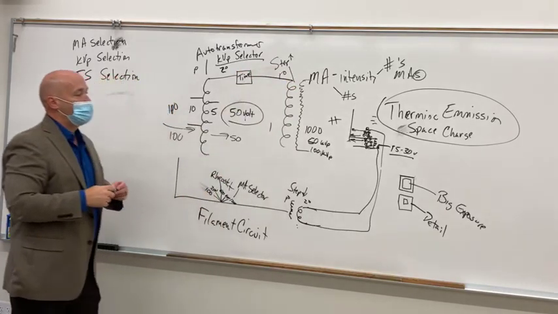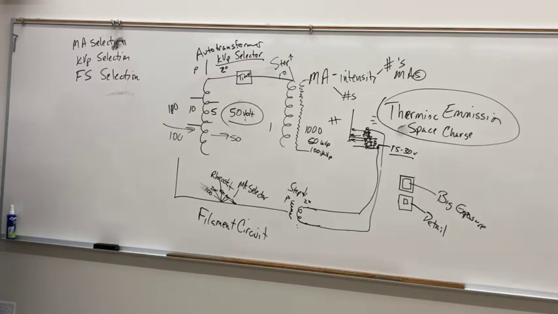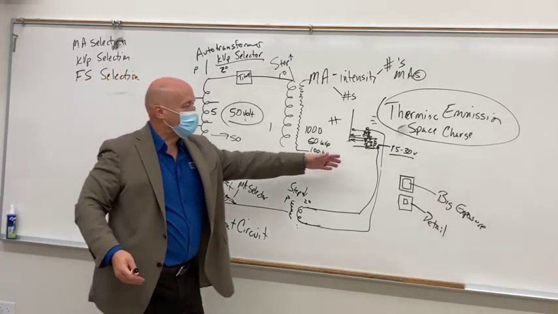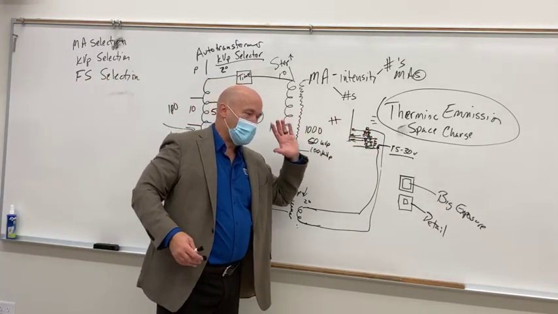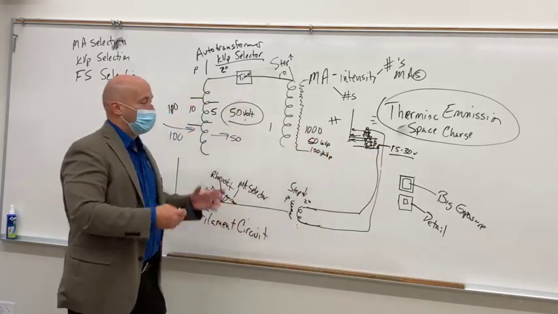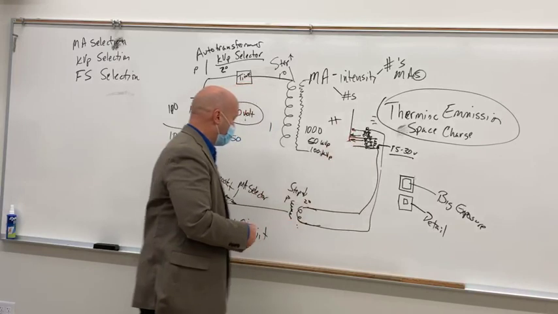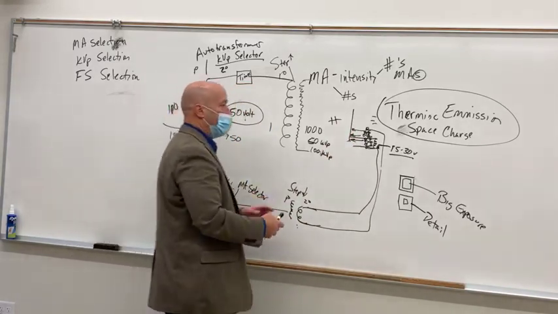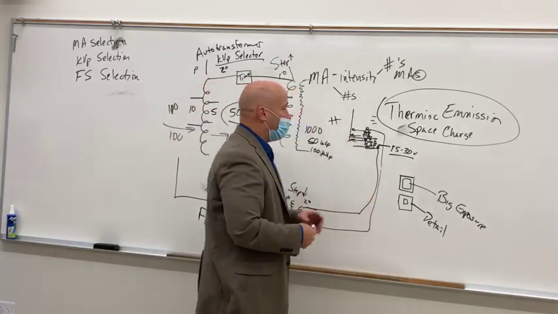Okay, so when we make exposures, we already heated up the filament to as hot as we want it to be, right? We make our exposure, and the amperage that's going through it is set where we want it.